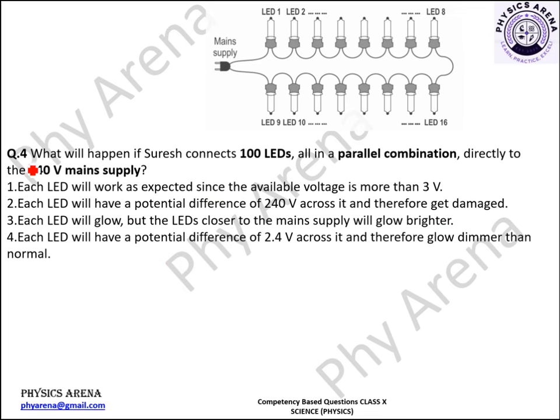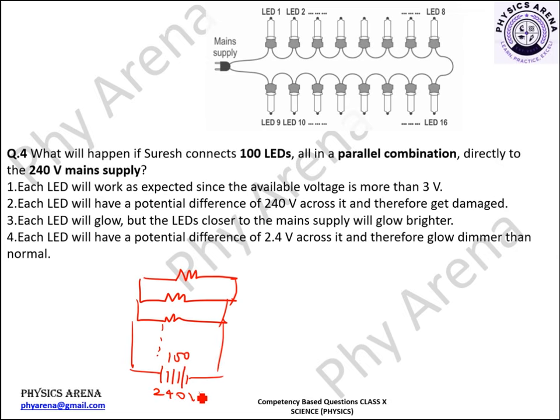Let's take question 4. What will happen if Suresh connects 100 LEDs all in a parallel combination? So now we are connecting the LEDs in parallel combination up to 100, and they all are connected to a 240-volt supply.